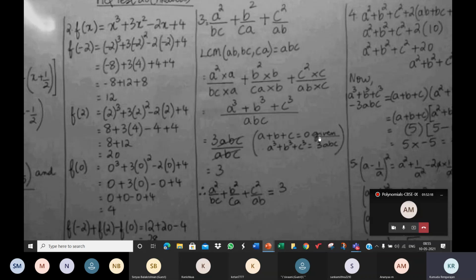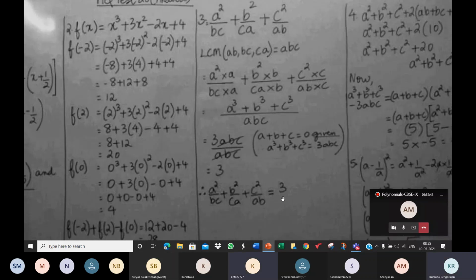Now A plus B plus C is given to us as 0. Because A plus B plus C is 0, A cube plus B cube plus C cube is 3ABC. So this is replaced with 3ABC. This is 3ABC by ABC. ABC cancels out, so 3. So the value of the given expression is 3.